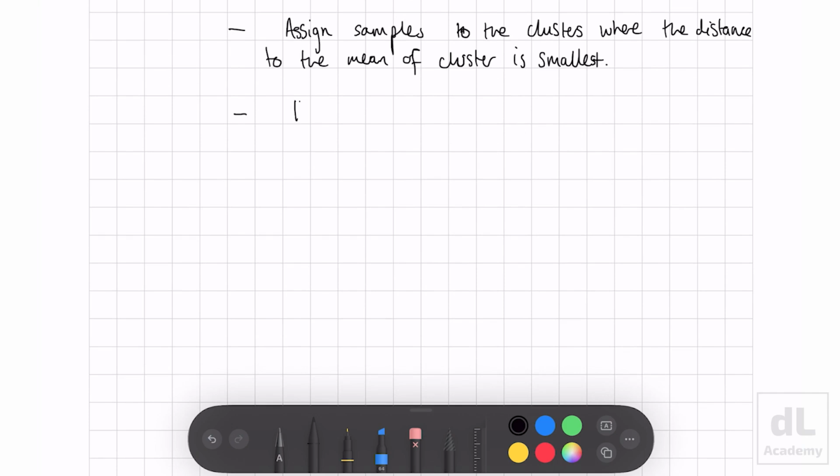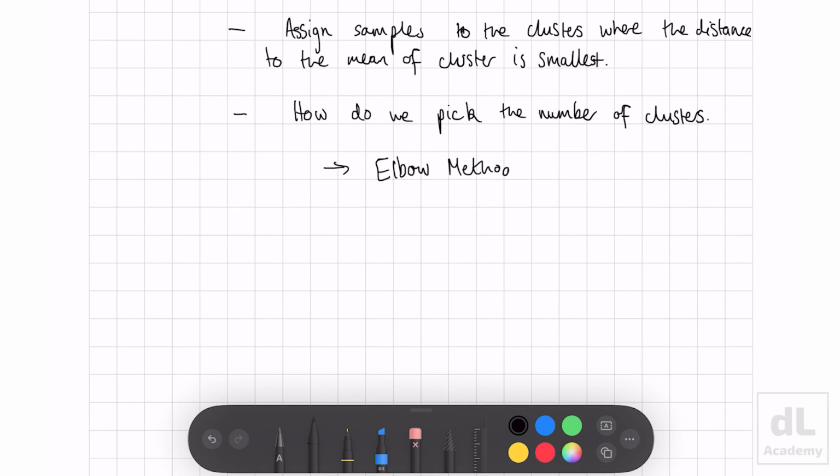We have a bit of a challenge about how do we pick the number of clusters. The simplest way to look at this is called the elbow method, where we basically build lots of models for different numbers of clusters, and then we look to see where we get the best benefit against complexity.